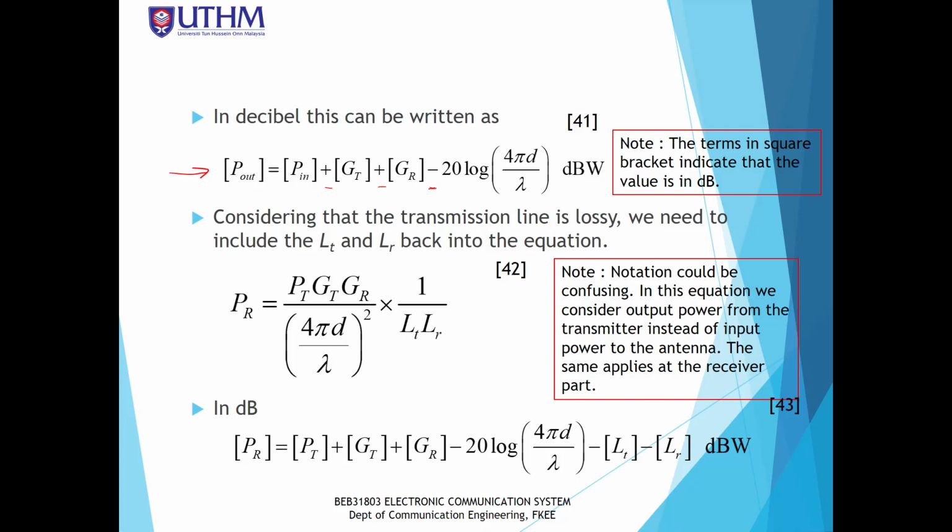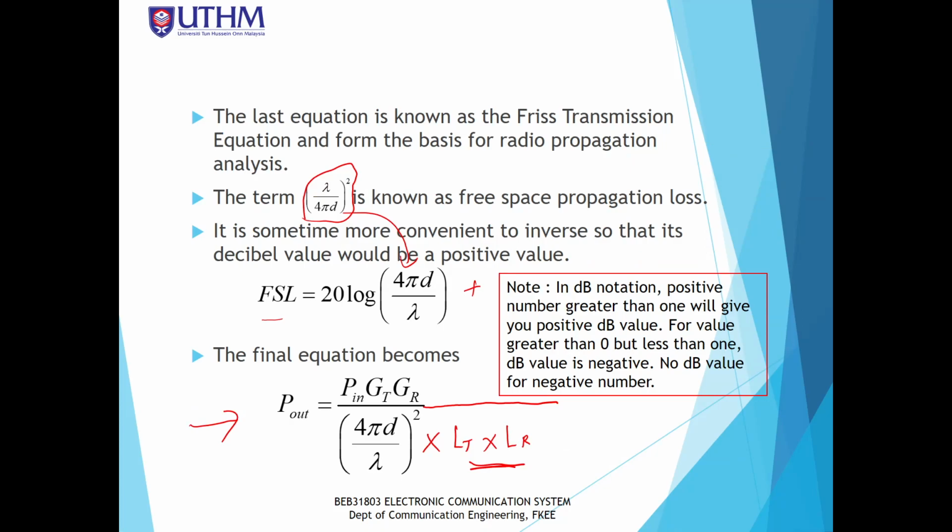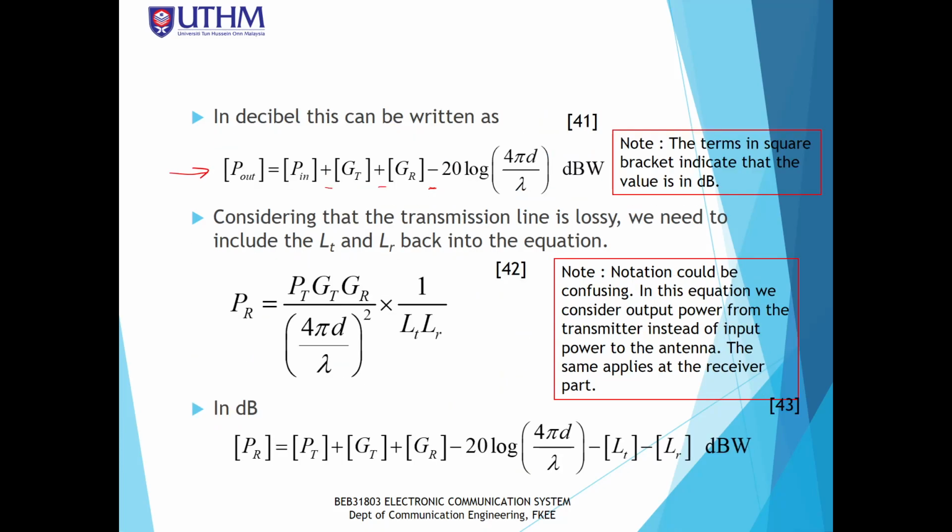You see from these equations, we multiplied P in, GT and GR. Therefore, in decibel, we need to add all of these. For example, here in dBW: P in in dBW, GT in dB, GR in dB, then minus. Everything after here is going to be the losses.